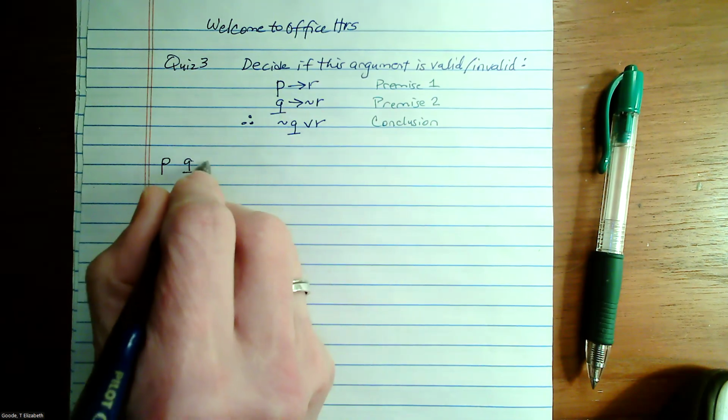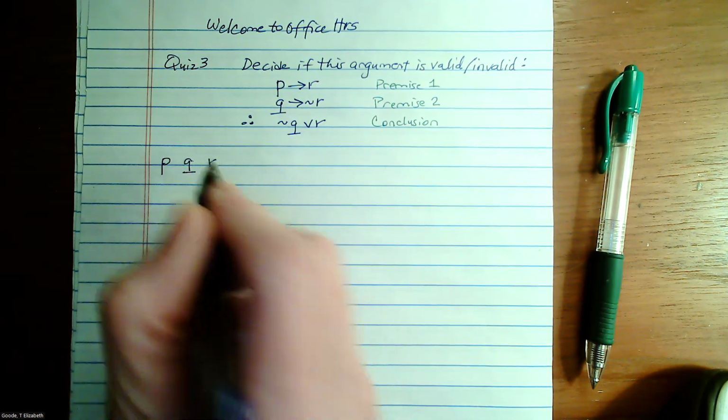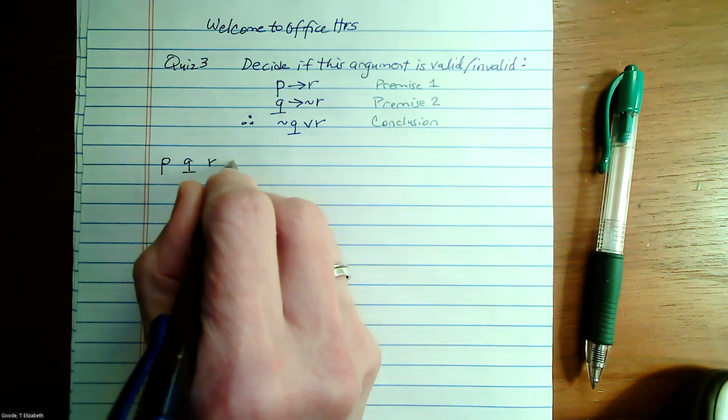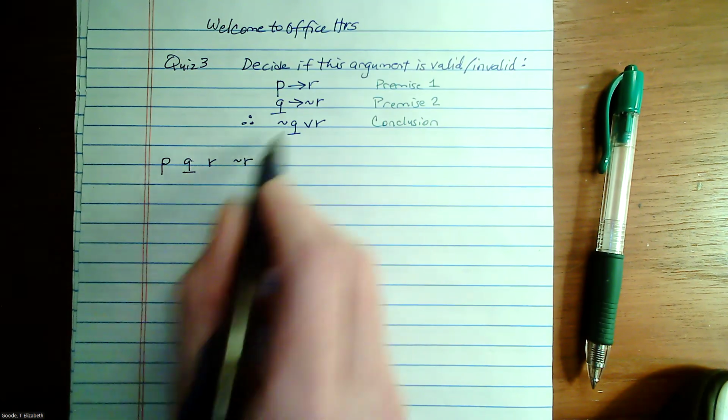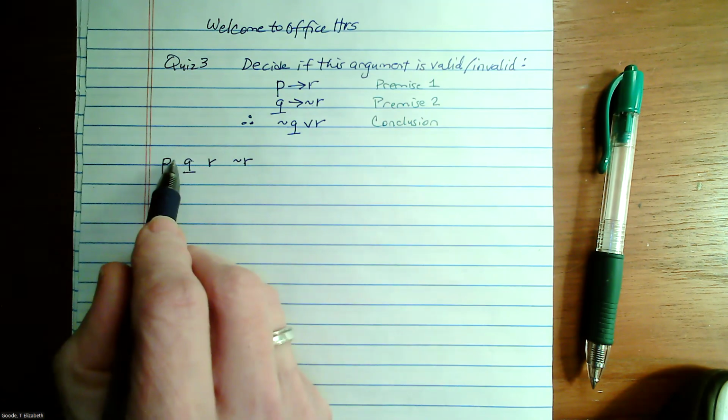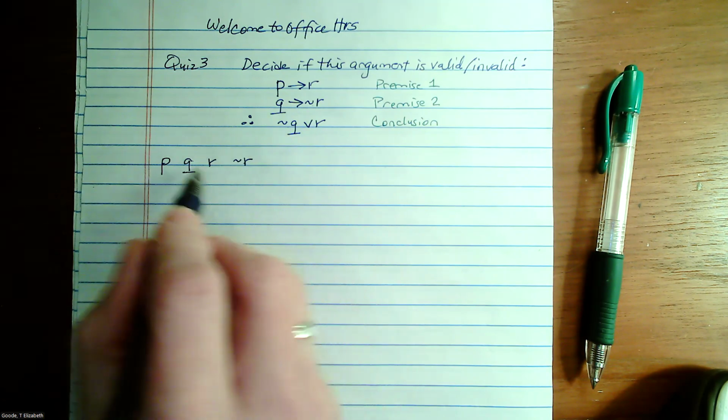We have a P and a Q and an R, and we also have a not R. And we will have a not Q in a minute. But first, I'd like to write the two premises.